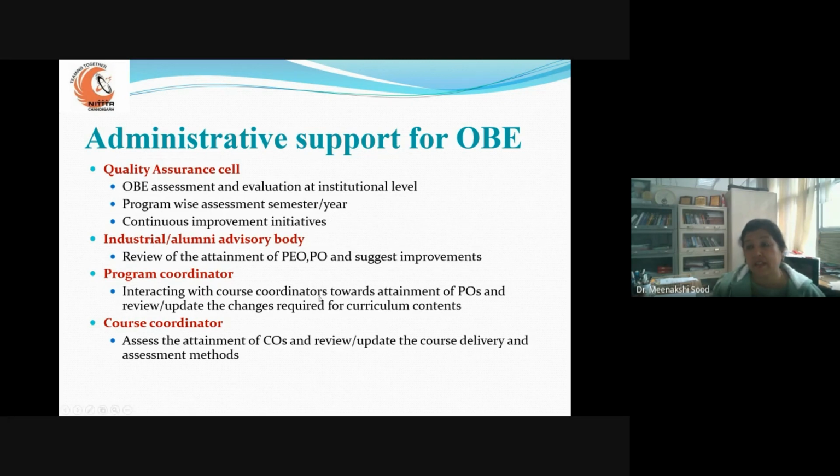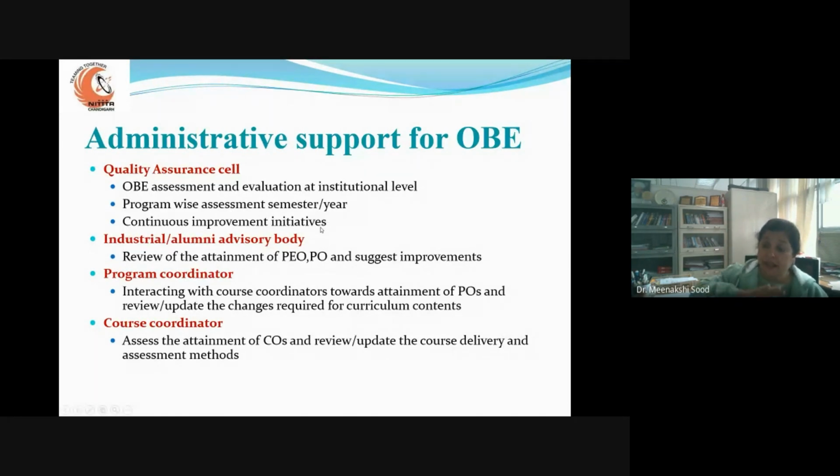As ma'am mentioned, the CS department is running one IT program and one CSIT program. So for NBA accreditation or for implementation of OBE, there should be one program coordinator for CSE and one program coordinator for IT.